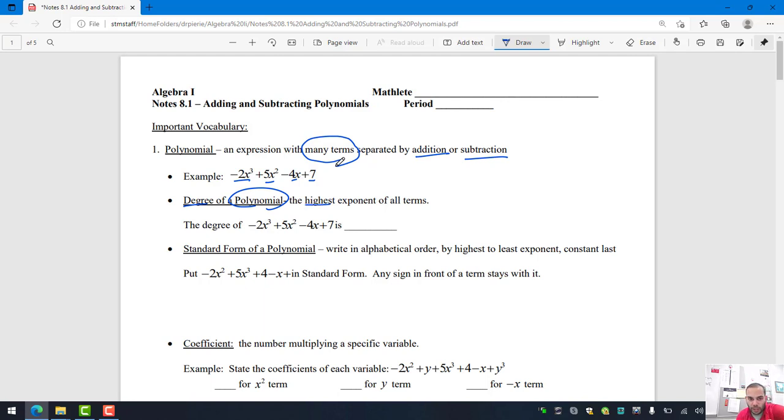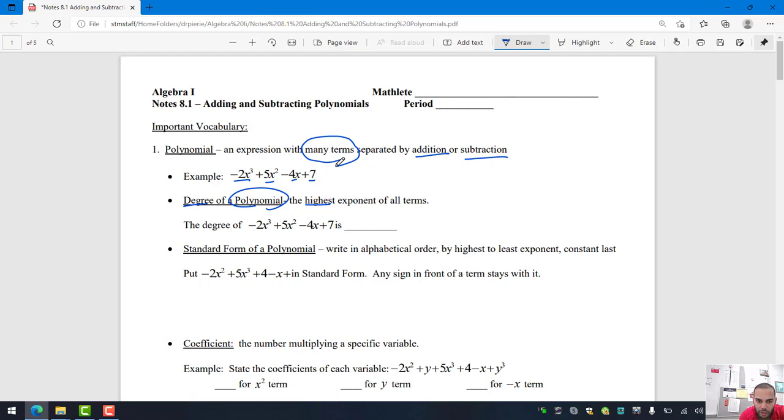If we look at this expression, negative 2x cubed plus 5x squared minus 4x plus 7, and I ask you what the degree of this polynomial is, all you have to do is search for the term that has the highest exponent.